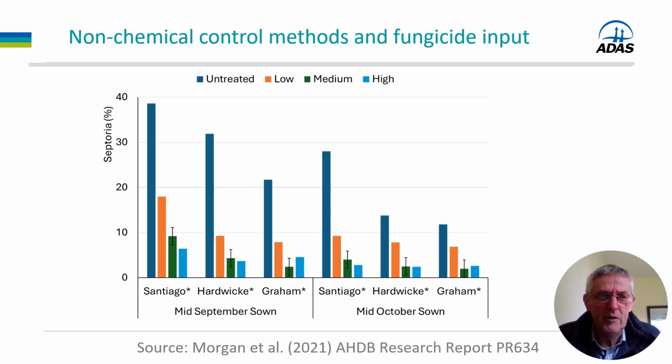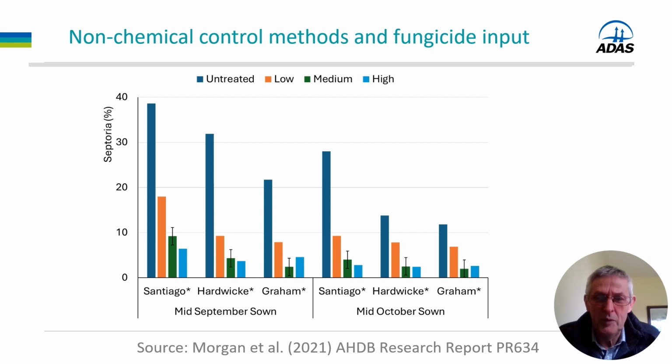And we can see a number of things from this. First of all, if we grow a more disease-resistant variety and or we sow it later, then the untreated severity gets lower. And we can see the impact of that on the fungicide requirement.